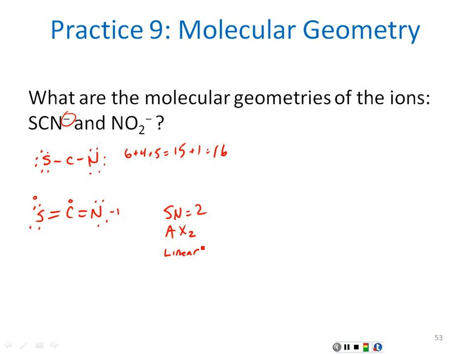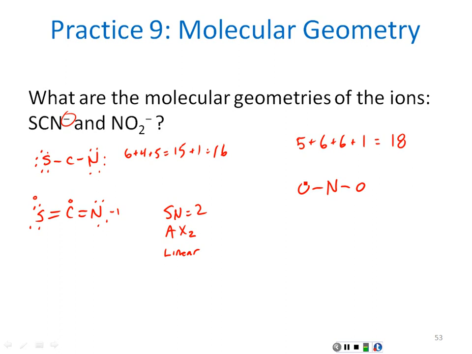Now let's look at NO2. So we'd have 5 valence electrons from nitrogen, 6 from both oxygens, and 1 from the minus charge. So that gives us a total of 12 plus 5 is 17 plus 1 is 18. Nitrogen, with higher bonding capacity, goes in the center.